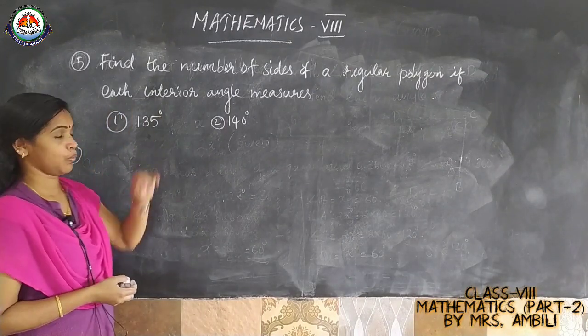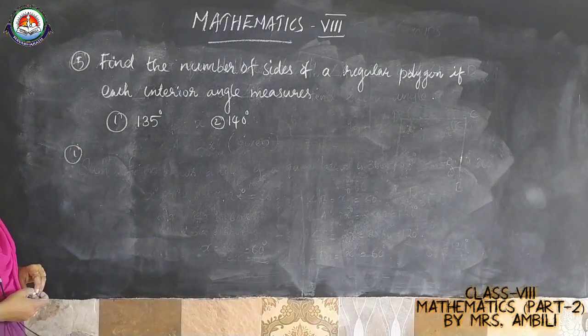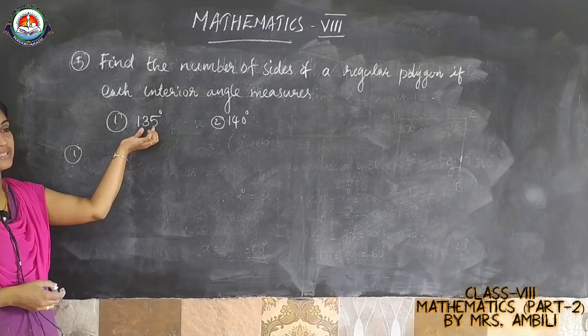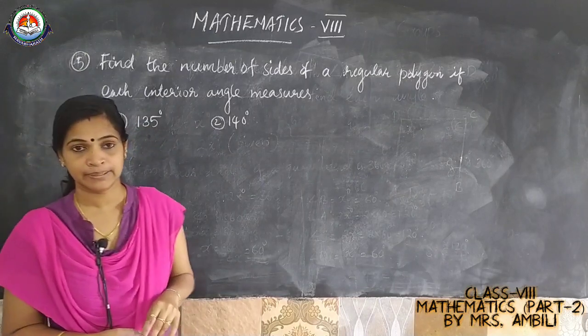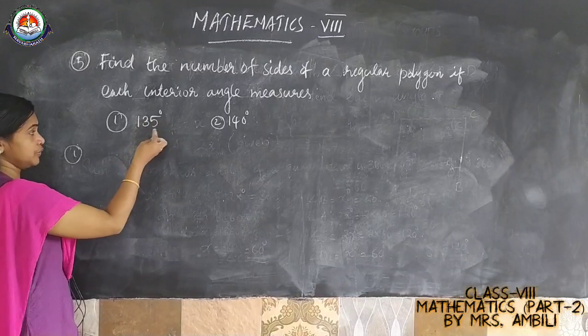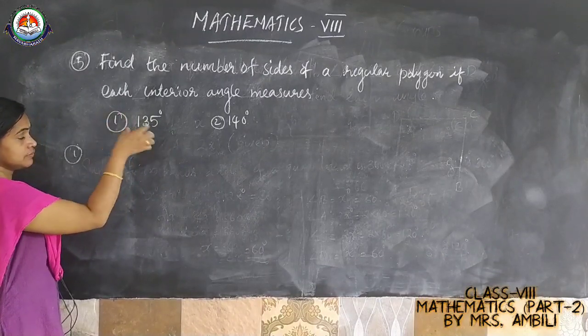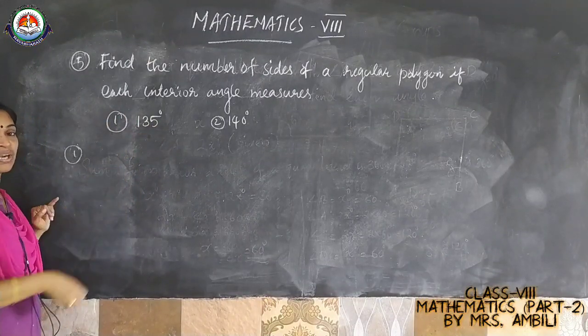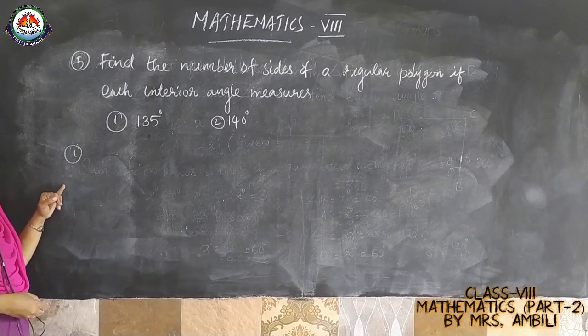So for doing this problem, first step you need to subtract given interior angle from 180 degree. First you need to write, we need to subtract 135 degree from 180 degree. Clear?